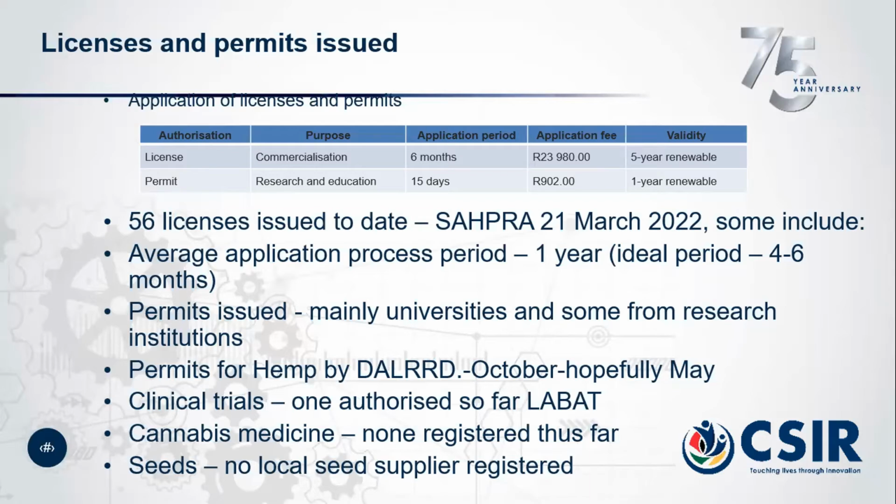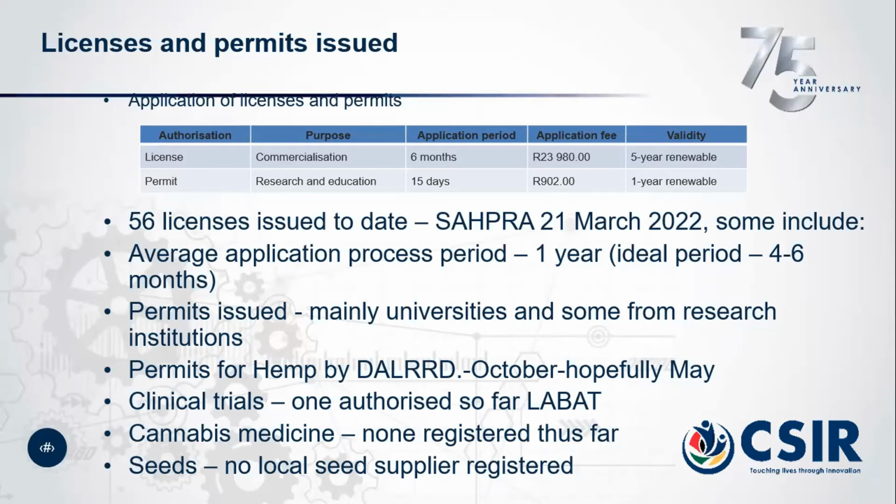And they also issue permits for, I won't say marijuana, for high THC, also for research institutions and universities like ours. The permits for hemp are issued mainly by the Department of Agriculture, Land Reform and Rural Development, and it started in October.